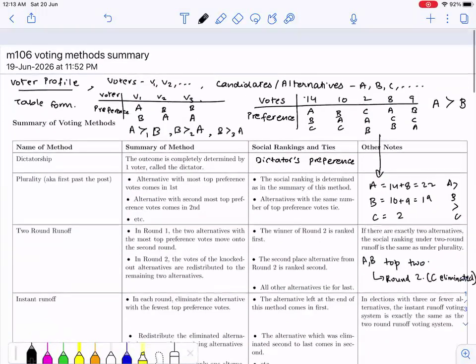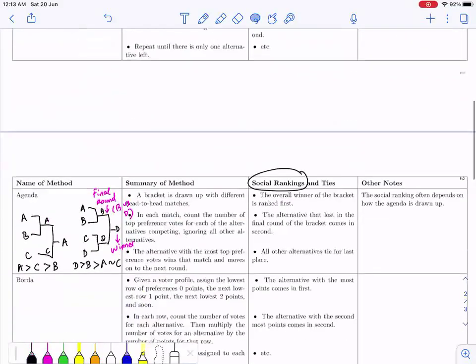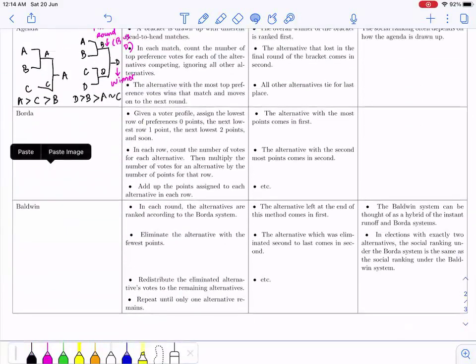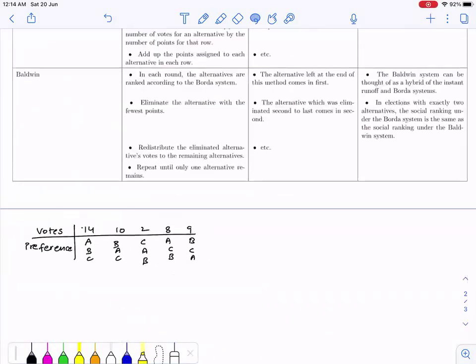But for this one, I'll just take this example again to show how the Borda system works. So let me put it somewhere here.